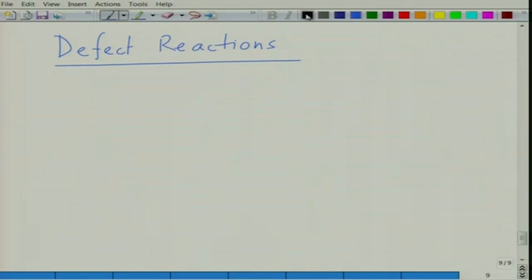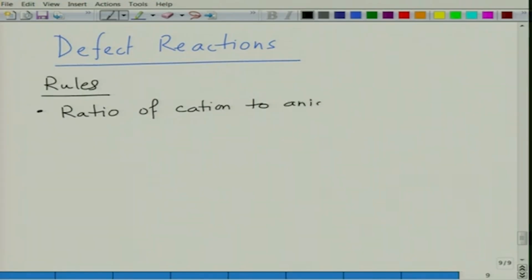But we need to follow certain rules, and the rules are: first, the ratio of cation to anion sites for the host lattice is always constant.